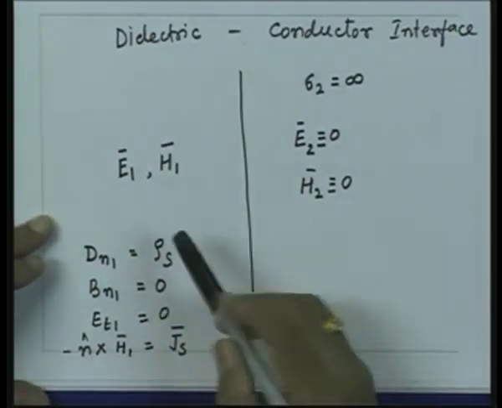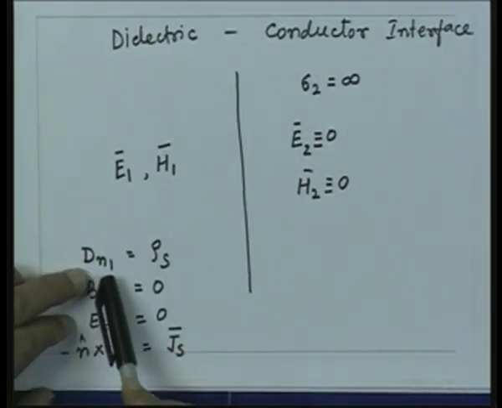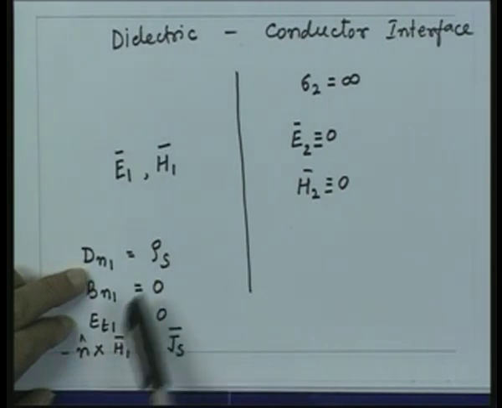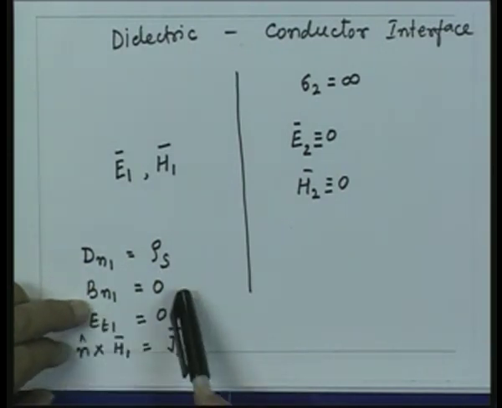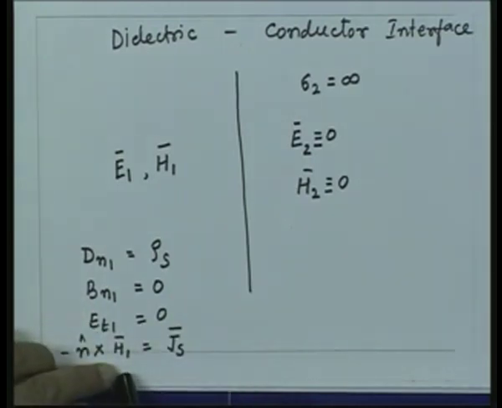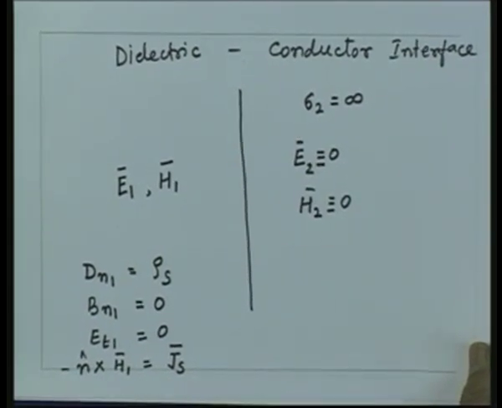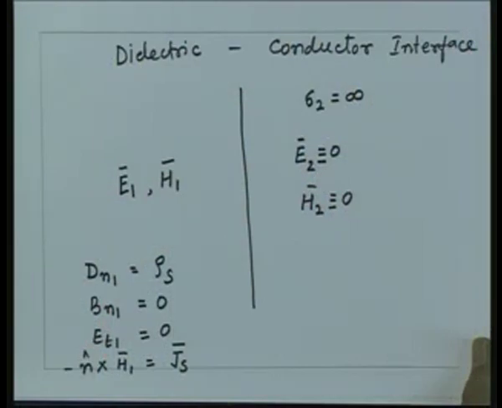And in the situation when there are no surface charges and surface currents, the normal component of the displacement vector is 0, the normal component of the magnetic flux density is 0, the tangential component of the electric field is 0, and the tangential component of the magnetic field is also 0 because there are no surface currents. So, depending upon whether we have a dielectric interface or a dielectric conductor interface, we can appropriately apply these boundary conditions.